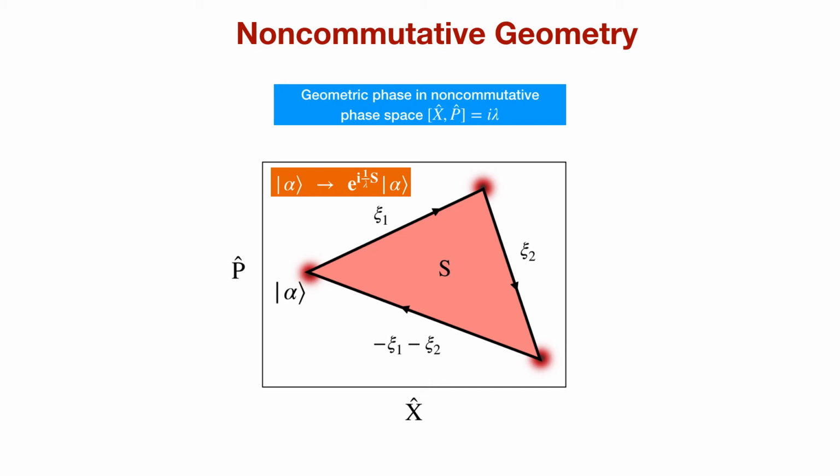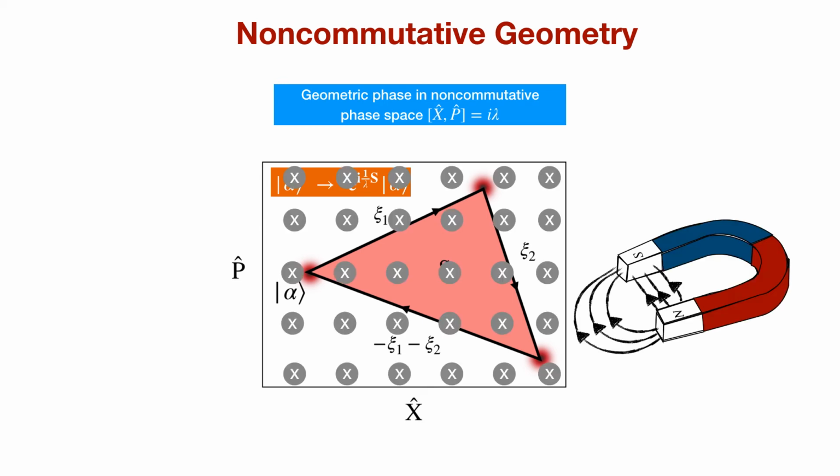If we move the coherent state along a closed path like a triangle, the final state has an additional phase factor, with the phase exponent s being the area of the enclosed path. This is similar to the AB phase for charged particles in a magnetic field. Therefore, we say the phase space has an intrinsic magnetic field.